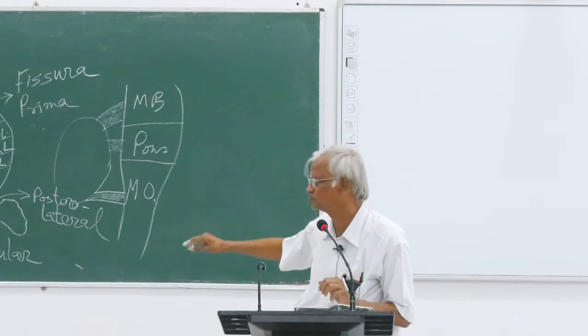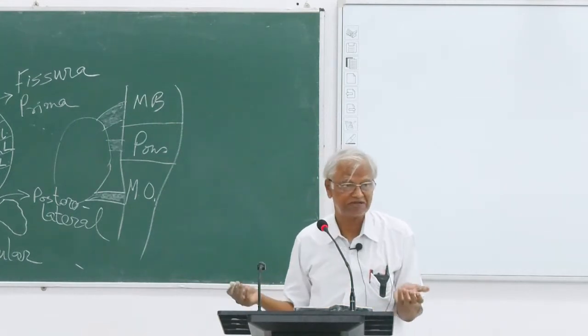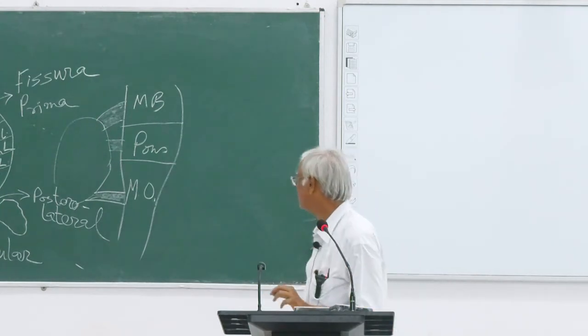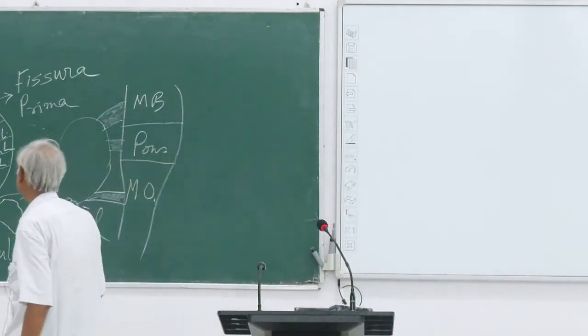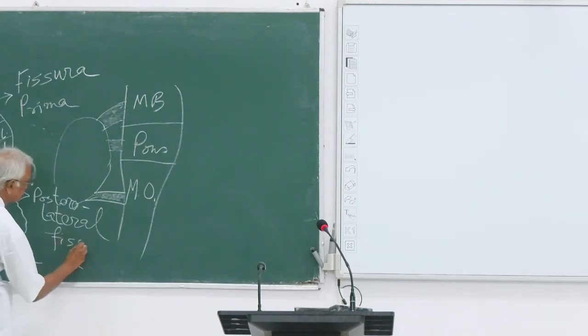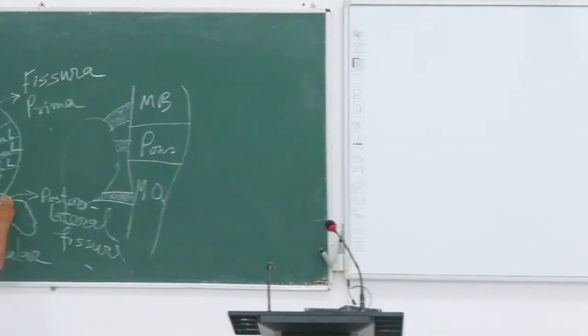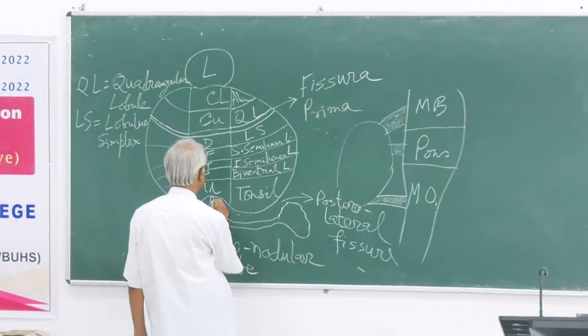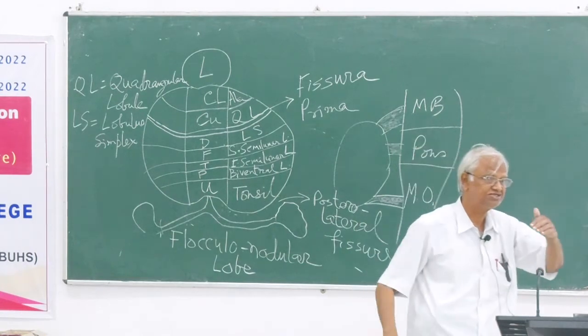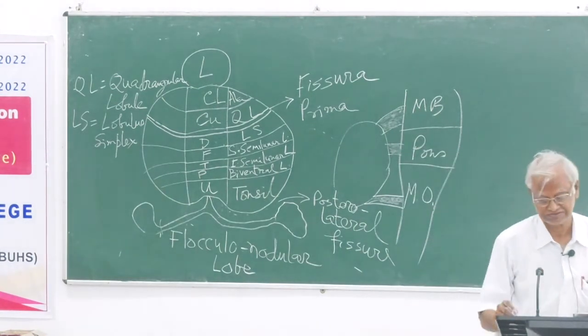It is not a part of the vermis, neither is it a part of the main body. It is separated by a subclass fissure known as the posterolateral fissure. This is the posterolateral fissure. The first fissure is the fissura prima.